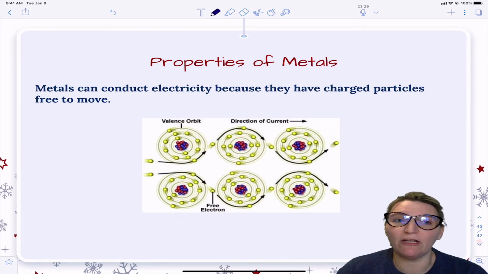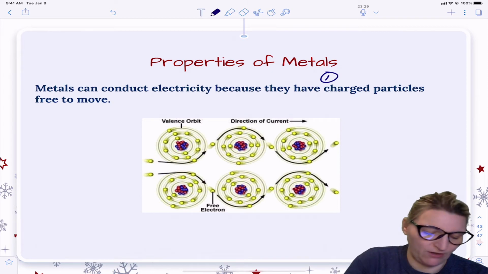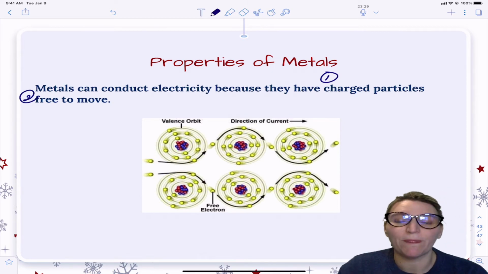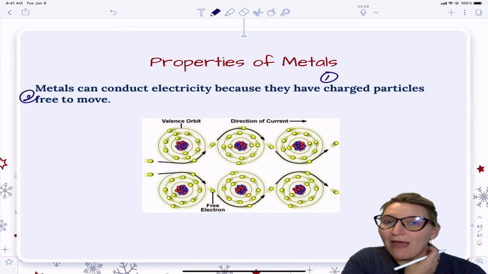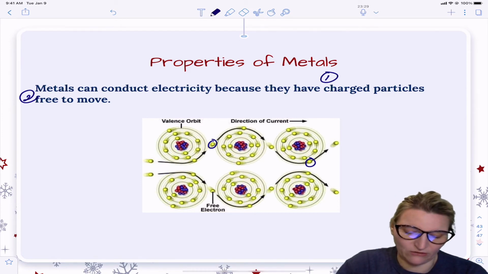When we talked about ionic compounds, we talked a little bit about what is necessary for an atom, for a particle, for a solution to conduct electricity. And we said that they need to have two things: charged particles, free to move. In ionic compounds, when they're dissolved in water, it's the ions themselves that are the charged particles free to move. In a metal, the charged particles are, in fact, the actual valence electrons, right?